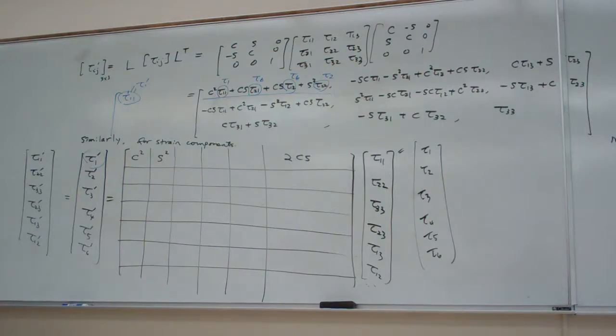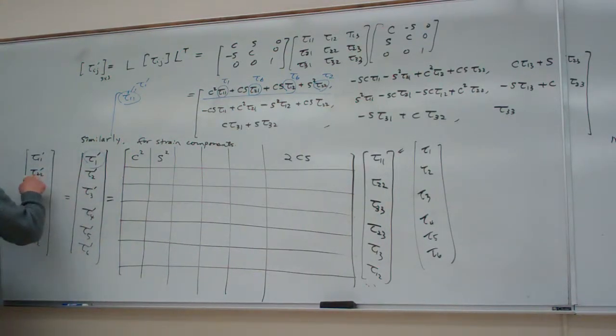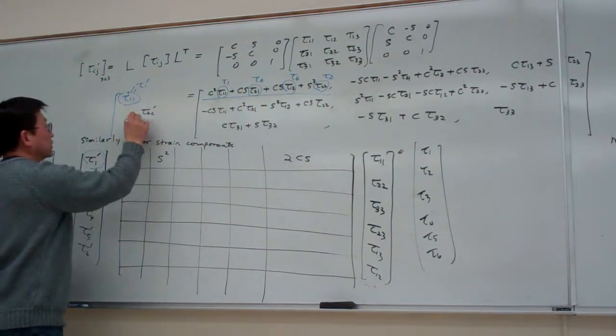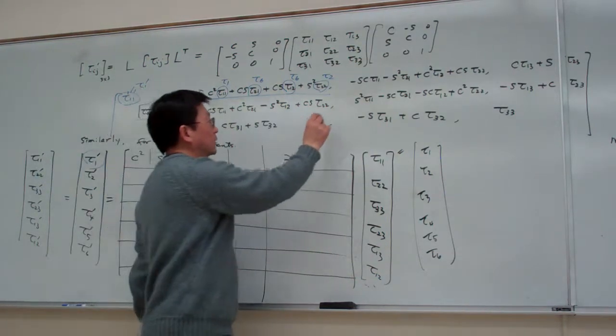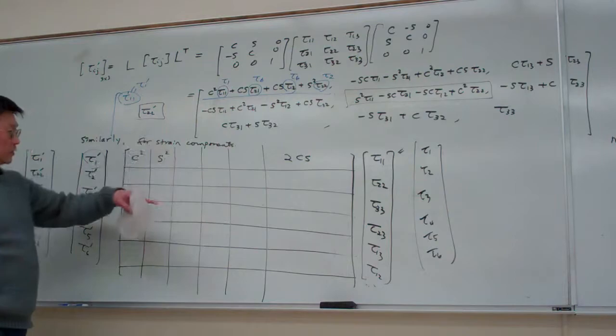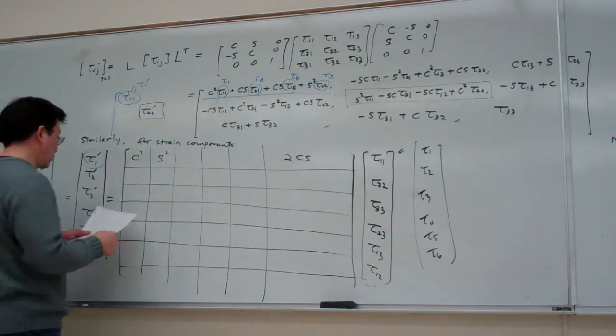Good? Are you able to do it for the second one? For the second one is tau 2 prime. Tau 2 prime basically is the 2 by 2 element. So you look for is to transform that information into this table. We good? Okay, so let me fill out the whole things quickly.